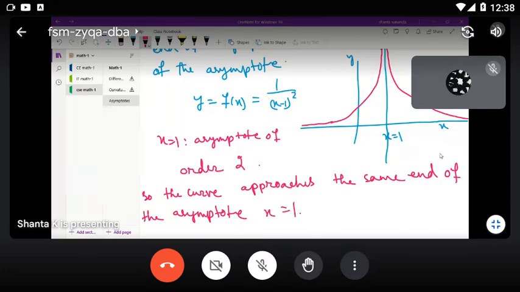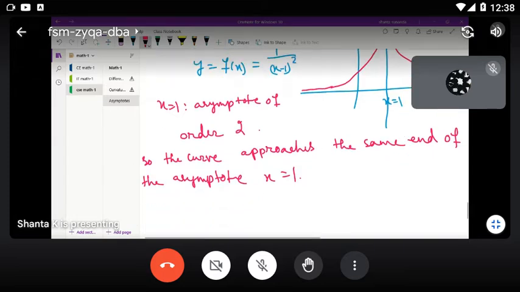And here you can see the x-axis is also an asymptote. You can see the curve is approaching the x-axis from opposite sides, but not from both sides. Got it?